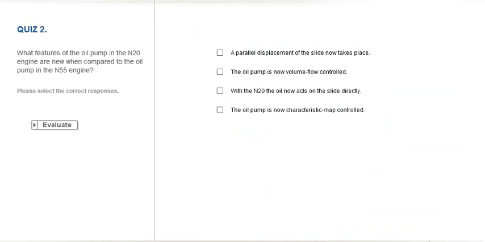What features of the oil pump in the N20 engine are new when compared to the oil pump in the N55 engine? Please select the correct responses.